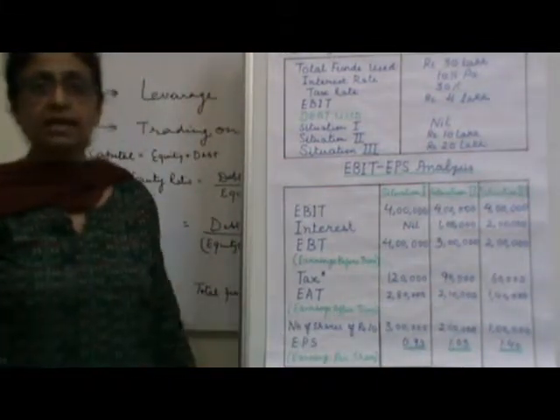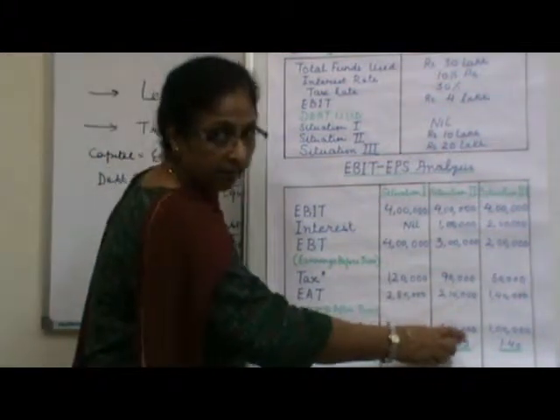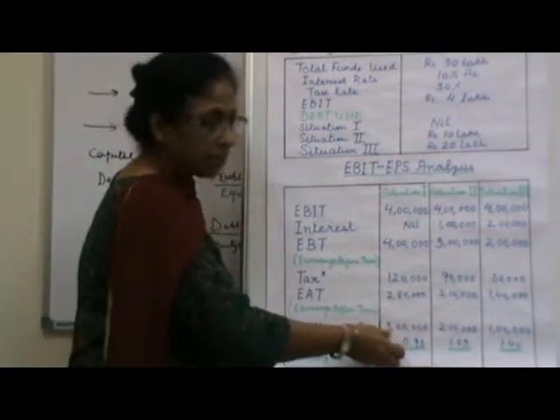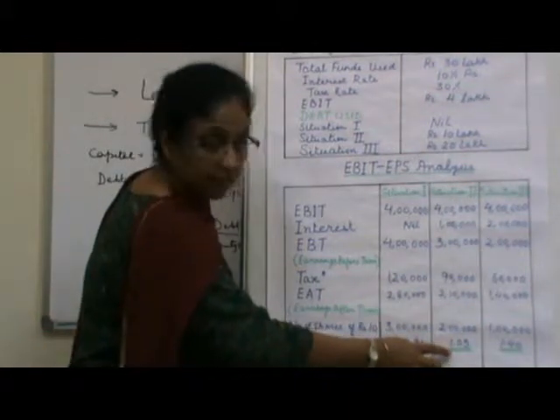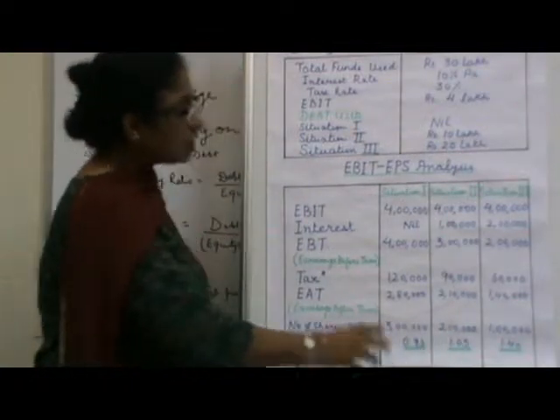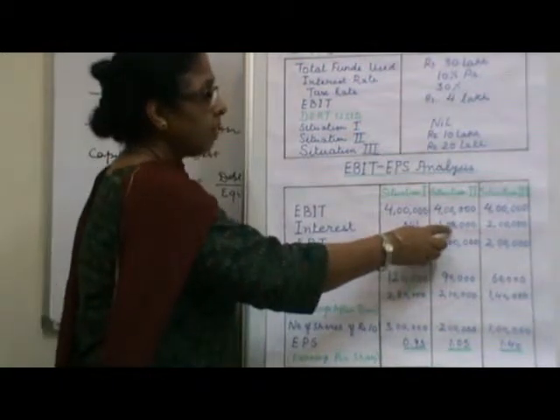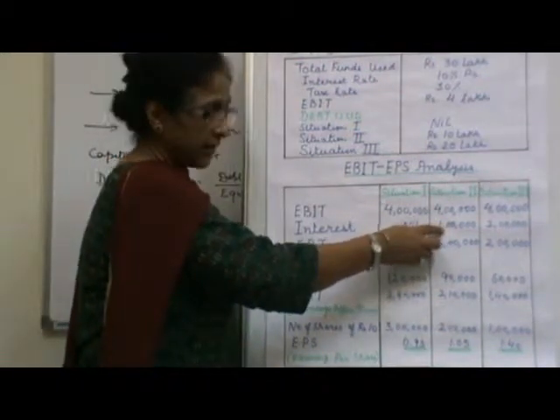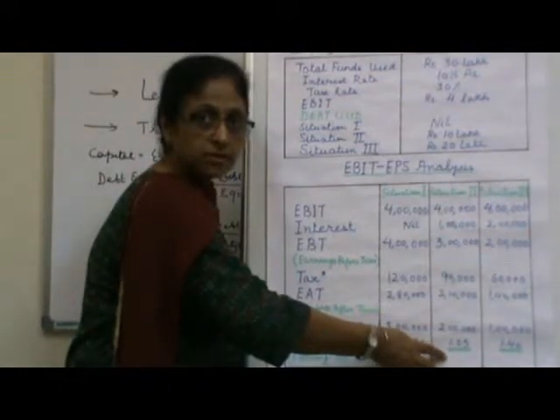Now these 2,10,000 rupees are to be divided among 2 lakh shares, not 3 lakh shares as earlier. So earning per share in this case comes to 1.05. That means by employing debt and meeting the financial obligation of debt, that is 1 lakh, we have increased the profitability of our shares.